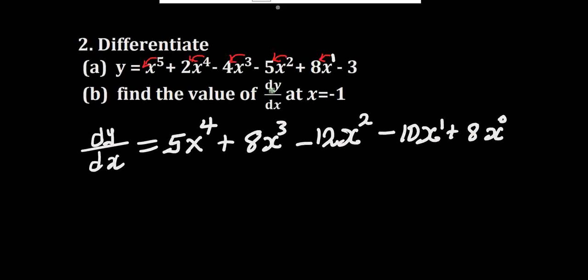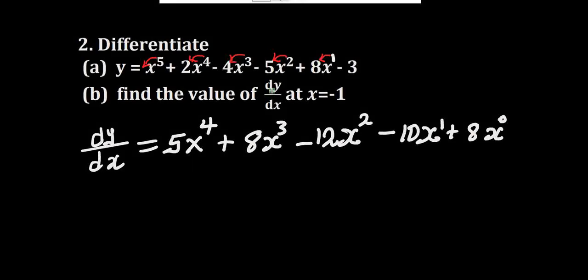And since we are differentiating with respect to x, and this value has no x on it, we can simply ignore this 3. And at this point, this x raised to power 0 is 1. So 8 times 1 is 8.